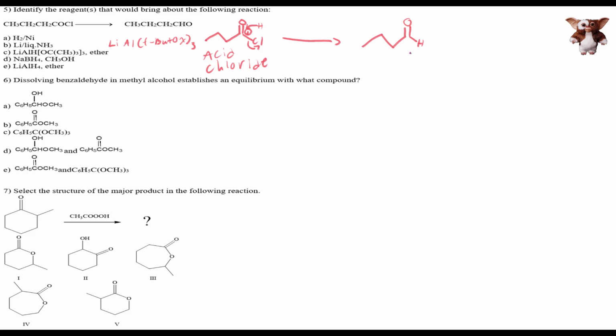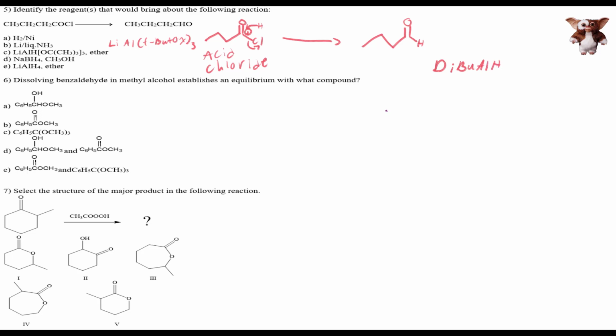So the take-home message is that lithium aluminum hydride with tert-butoxide will allow us to make an aldehyde intermediate and make it stay pure. This can also be done with diisobutyl aluminum hydride.